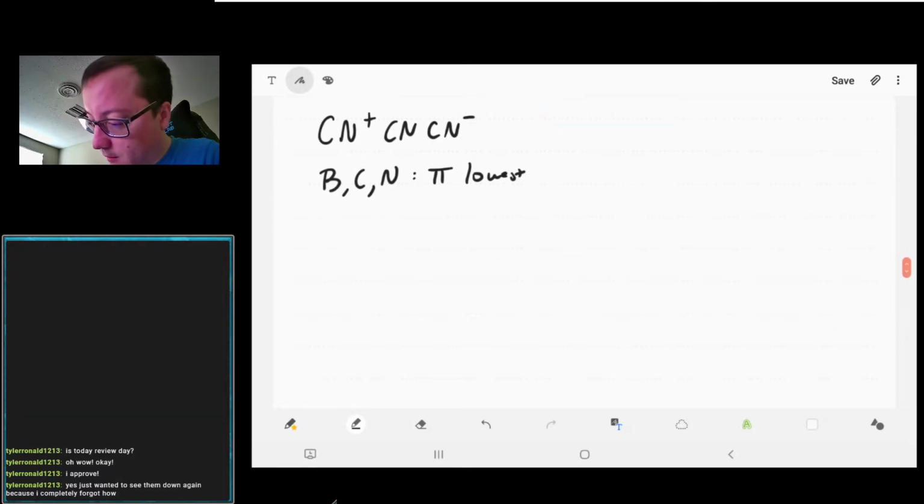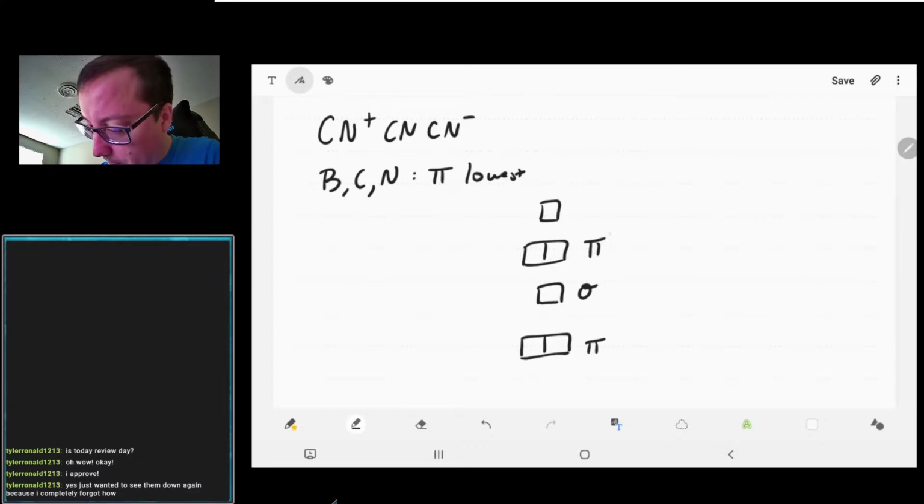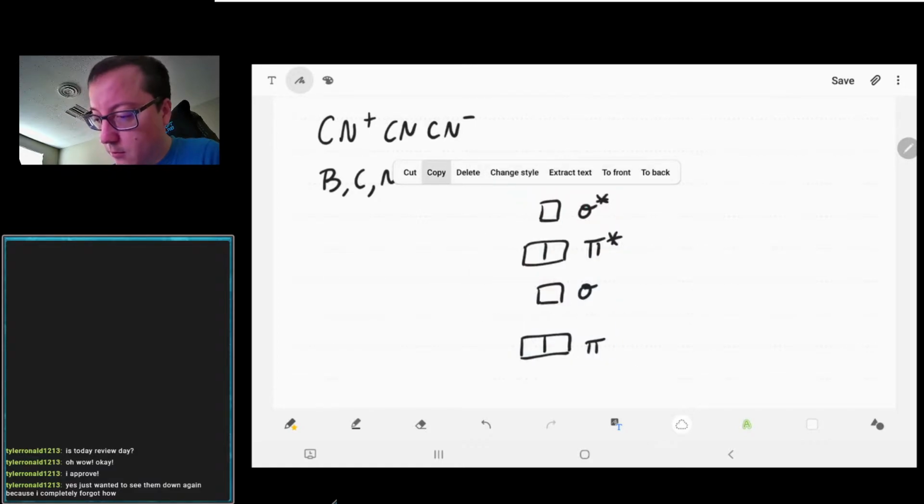So let's just write it down here. Pi is lowest, then sigma, pi star, sigma star. I'm just going to copy this so I don't have to draw it 1,000 times since we're doing the same thing.